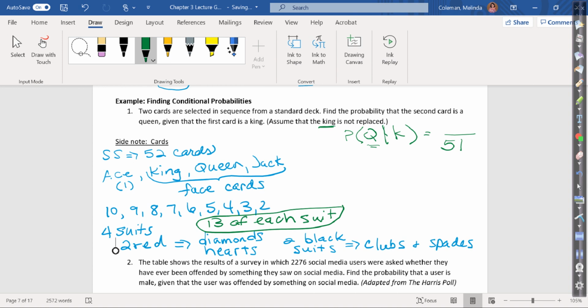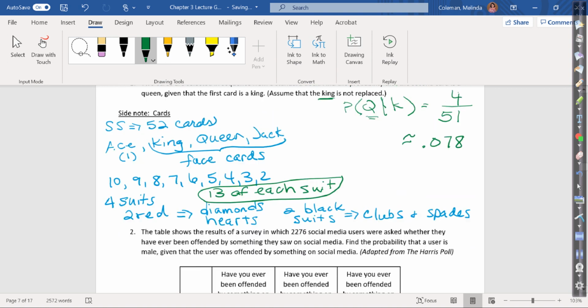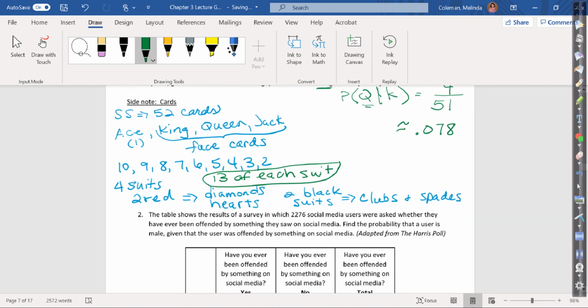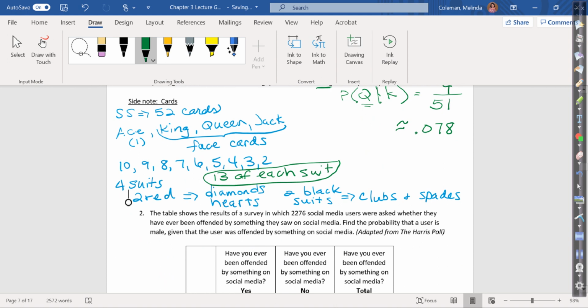So the probability now that I'm going to get a queen to follow that would be 4 out of 51, approximately 0.078. So about 8% of the time you would get a queen following a king that's already occurred. So not all that often. It is important that you know how to use the cards in the deck.